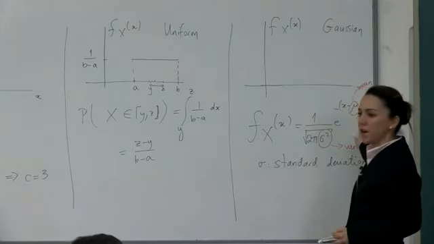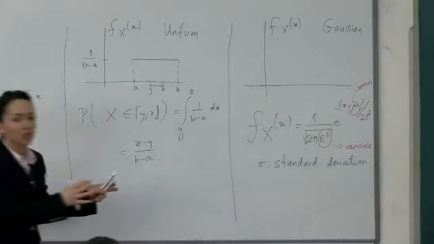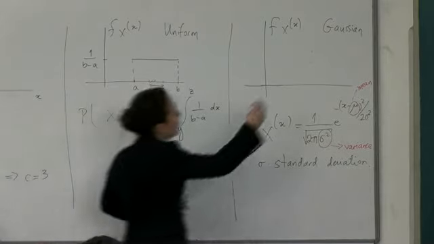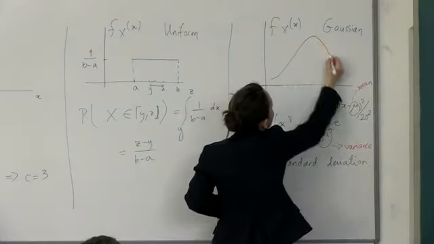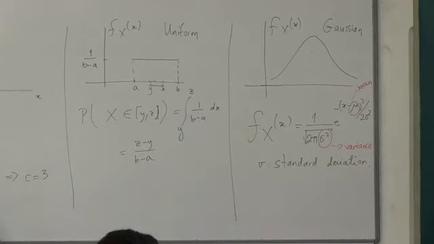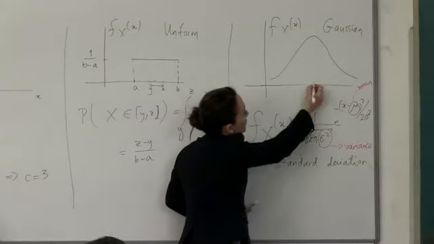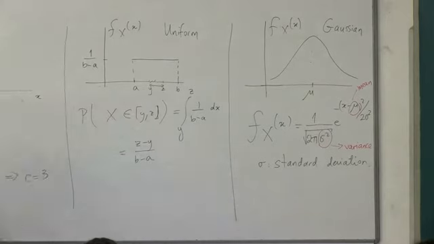Okay, so this is just a function. It's a function of a particular shape. What kind of shape does it have? Bell-shaped. It has a bell curve shape. The mu and the sigma control where it makes a peak, and how fat or slim it is. In particular, it's centered at mu, which makes sense.